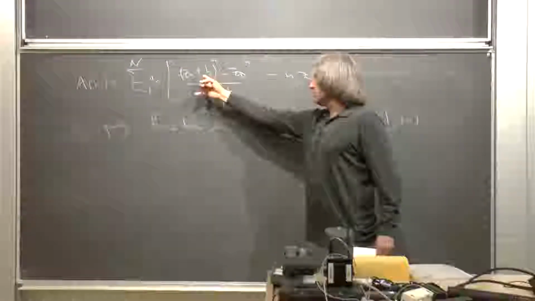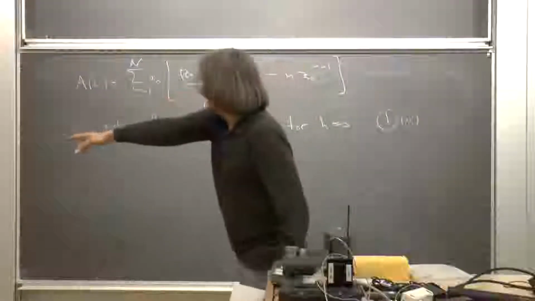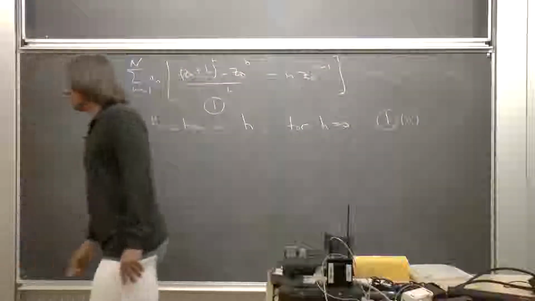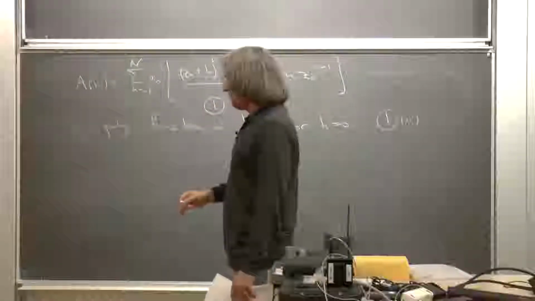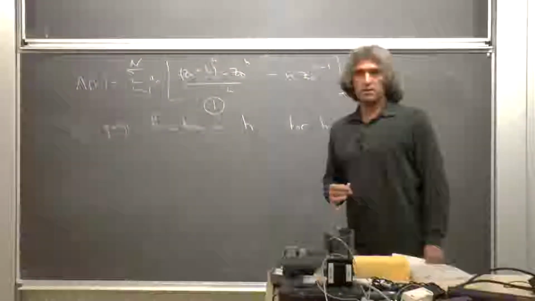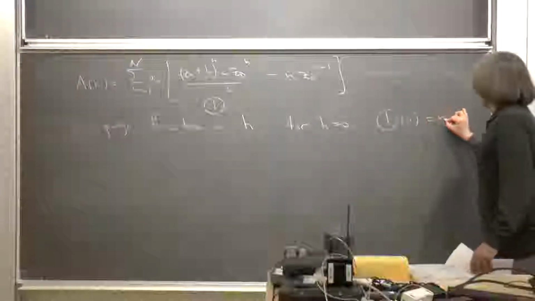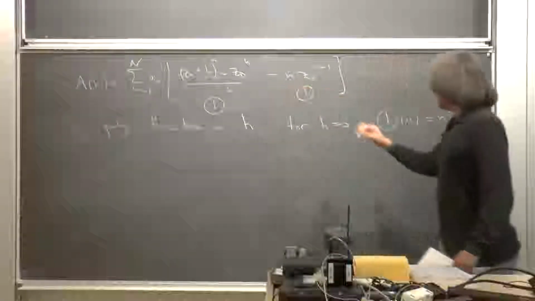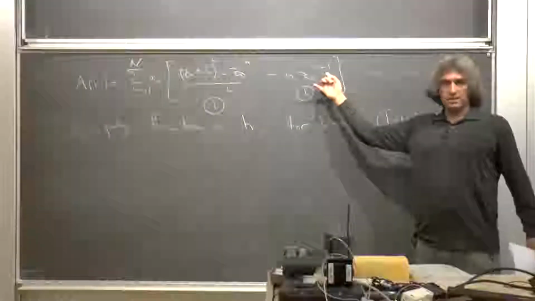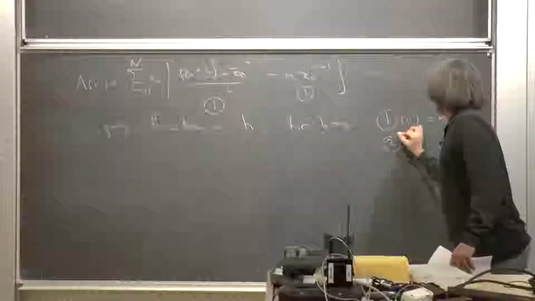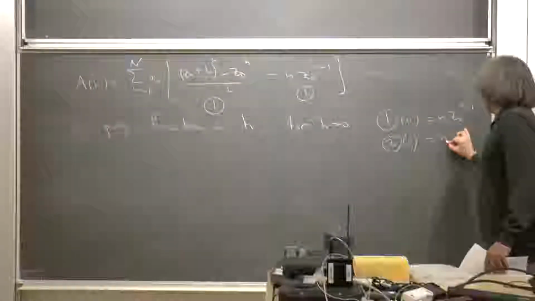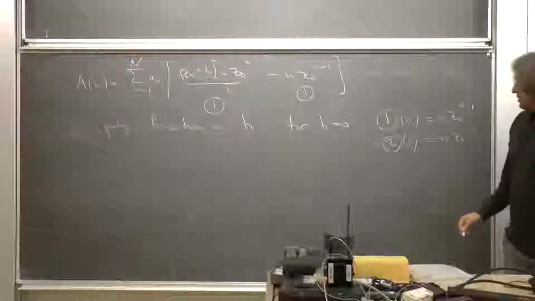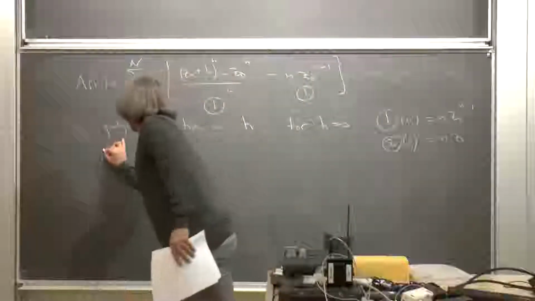If h is 0, not here, but in the rewritten expression, in this one, then we just collect n copies of z naught to the n minus 1. But there's a second part which exactly cancels this. So 2 of 0 is also n z naught to the n minus 1, because it's just a constant expression. So a of 0 is 0.